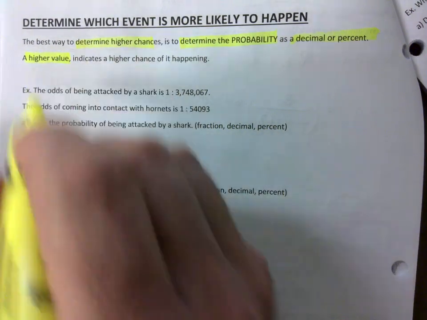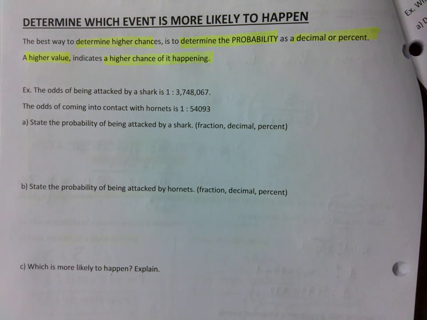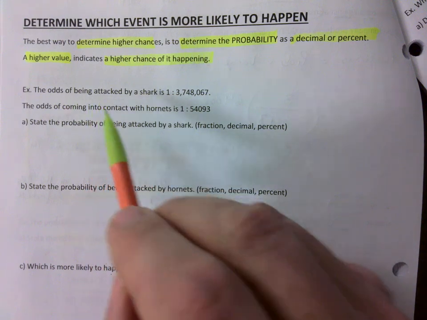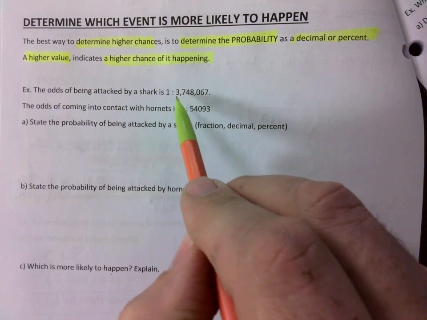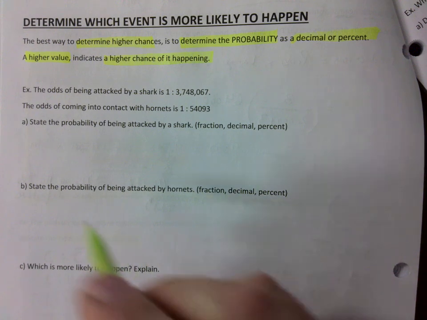The higher value has the higher chance of happening. So, the odds of being attacked by a shark is 1. Is this the weird one that I need to change? Hold on. I think the number is super, super small. I'll just leave it. Just follow me. The number is going to be super small for one of them, but it still proves the point, okay?